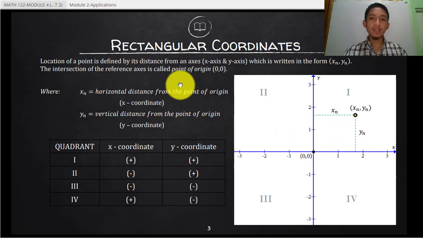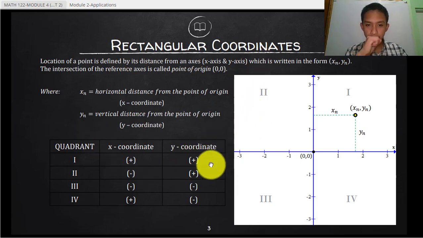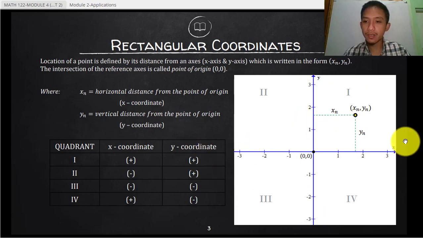So we call this the rectangular coordinates. So we have here quadrant 1, quadrant 2, 3, and 4. These are just the divisions of your locations. It is divided because of the x-axis and y-axis. Therefore, you have quadrants 1, 2, 3, and 4.